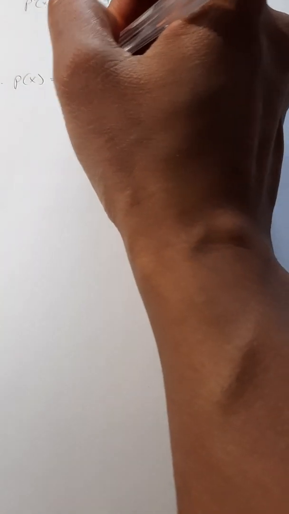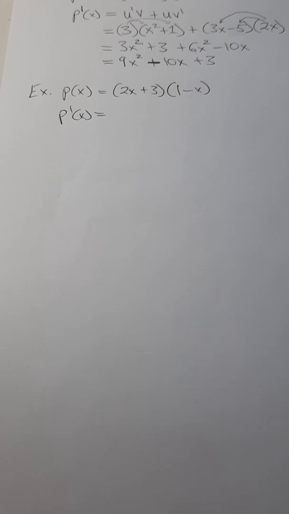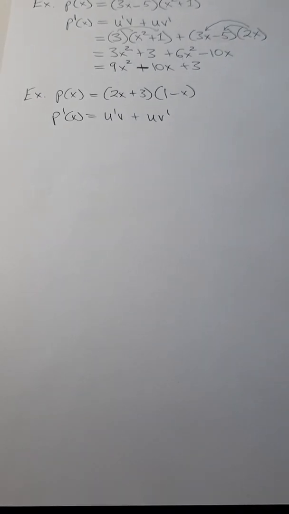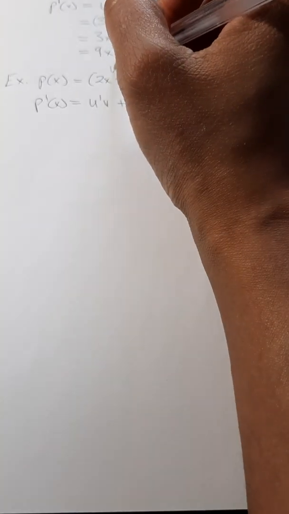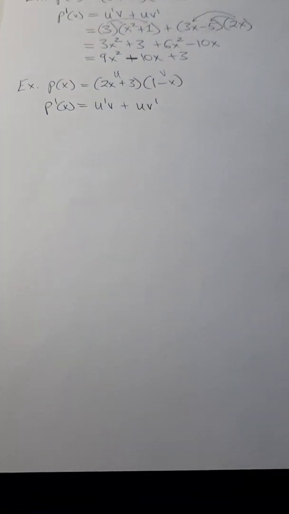What is important is that you recognize that this is the product rule. So we're going to do P prime of X equals U prime V plus UV prime, like this. This whole first bracket is going to be U, and the second bracket is equal to V.